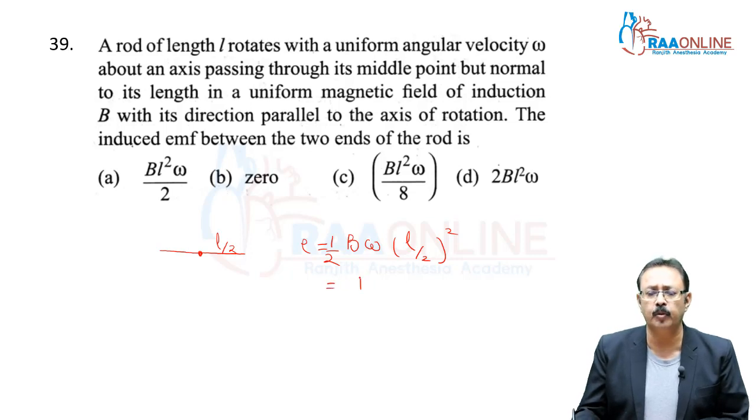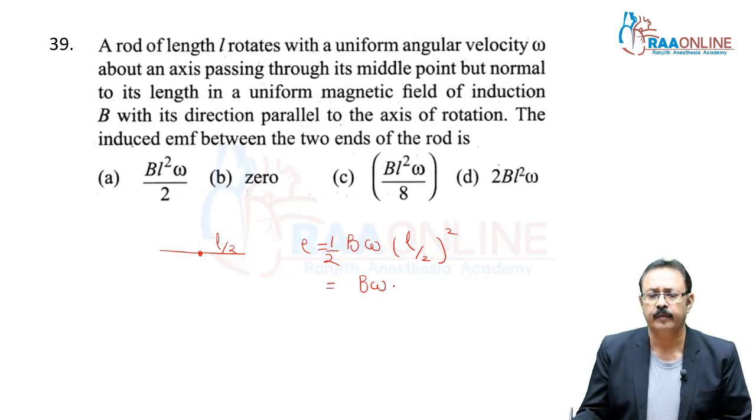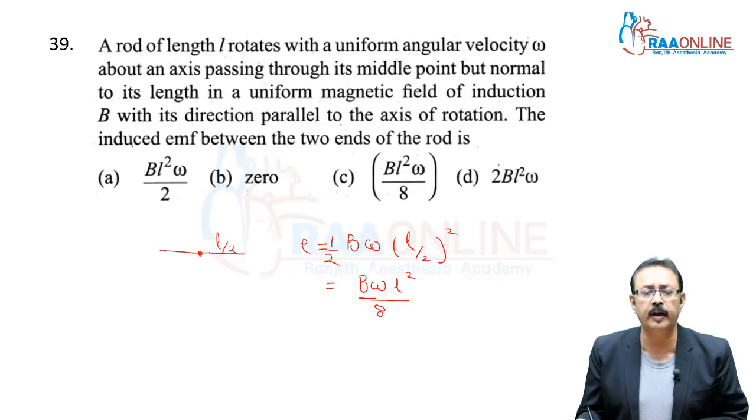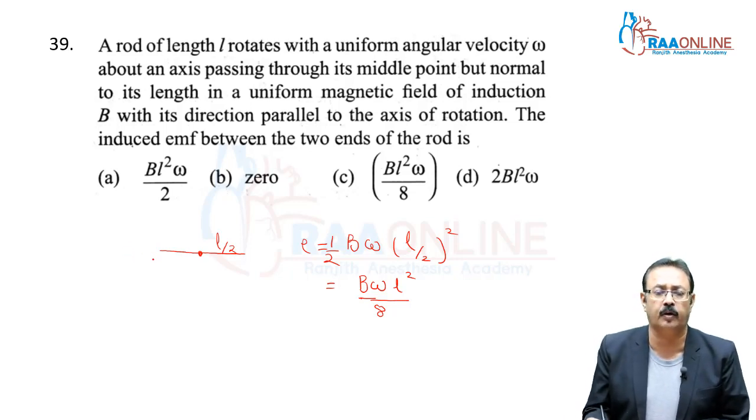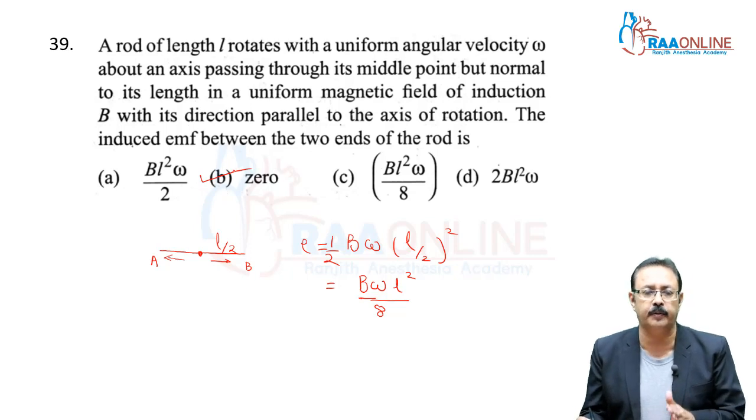It means B omega L square by 8, L square by 8. But what will happen? We want to calculate induced EMF between two ends of the rod. Means from here and here. Since EMF is in opposite direction in both rods, opposite direction, so net EMF will become 0. So we will go with option B.